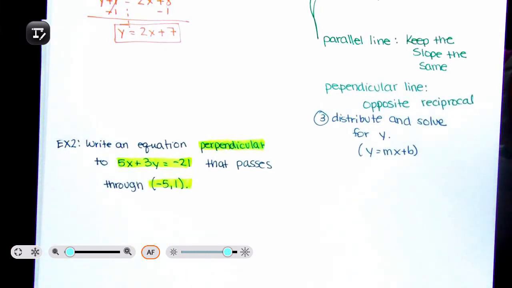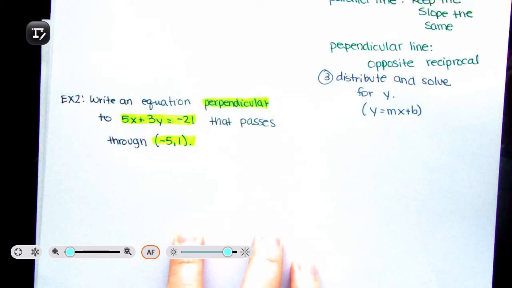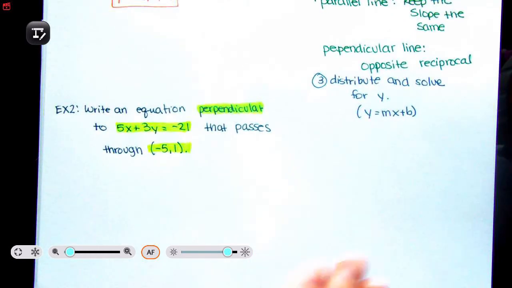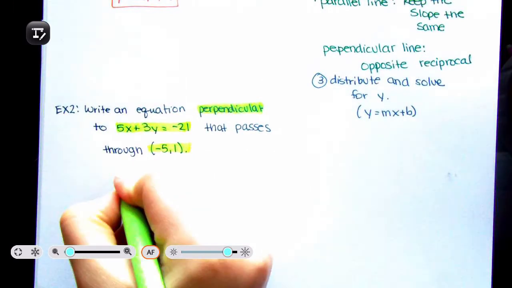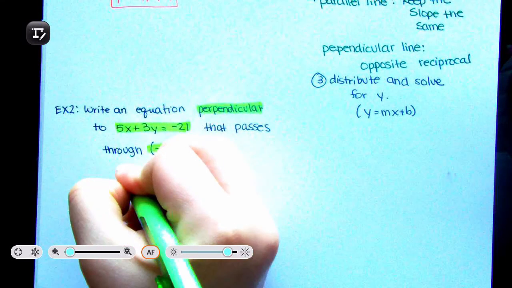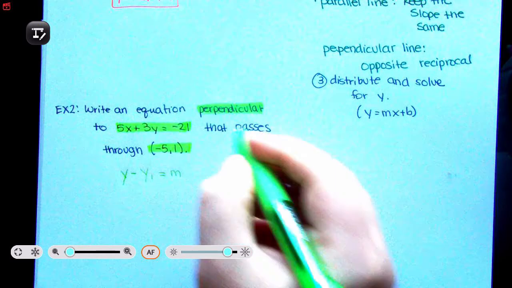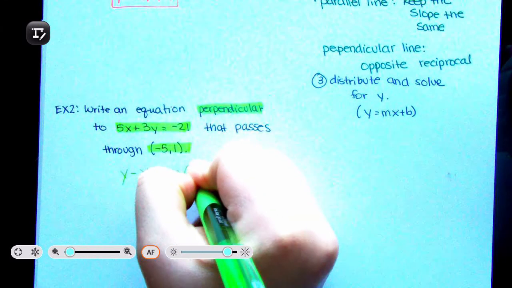So step number 1, use point-slope equation. Where am I getting my steps? I'm getting my steps from here. So step number 1, we want point-slope form. Y minus y1 equals m parenthesis x minus x1.